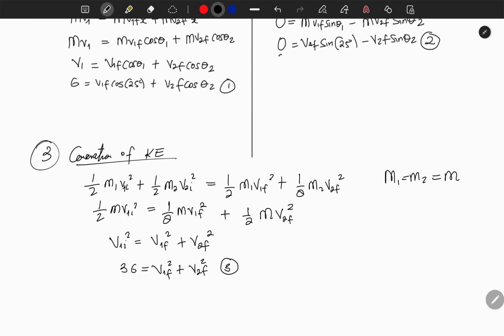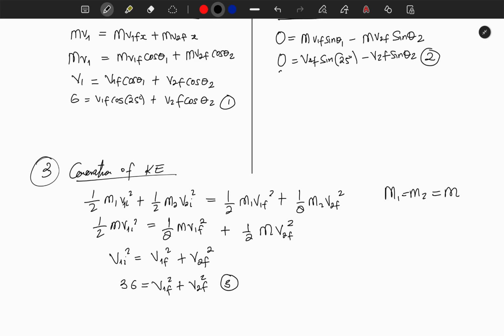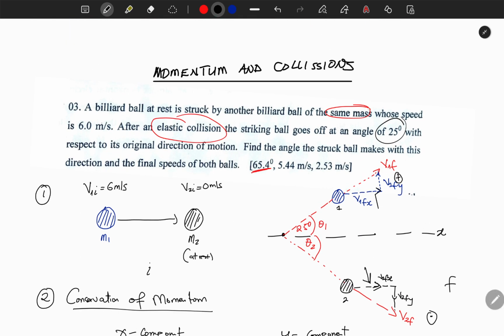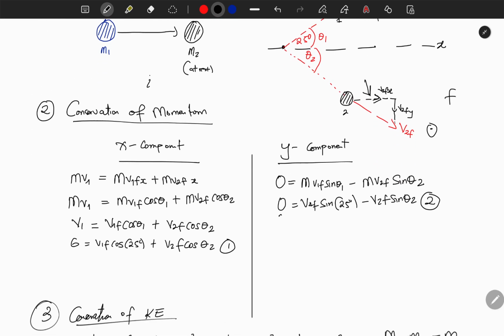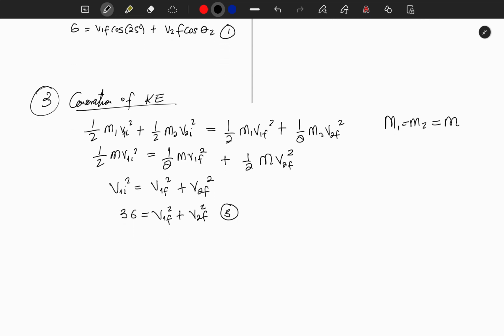Now you might be thinking of using the circular formula, looking at the angle, and it will be very complicated. But there is this issue here of them having the same masses. There's an alternative approach if they have the same masses and one ball is initially at rest.